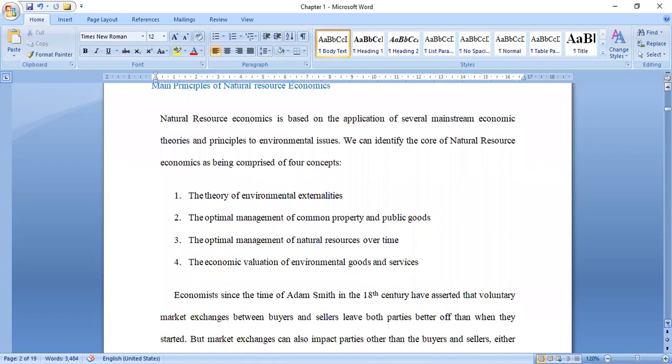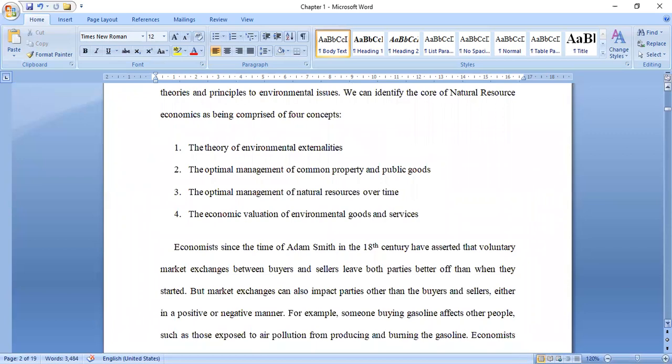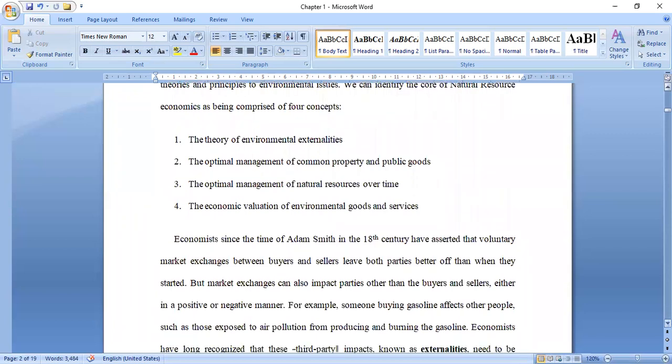So what are the main principles of natural resource economics? We shall be looking at a number of concepts, which are basically four, though there are other topics that we shall be looking at. We shall be looking at the theory of environmental externalities.